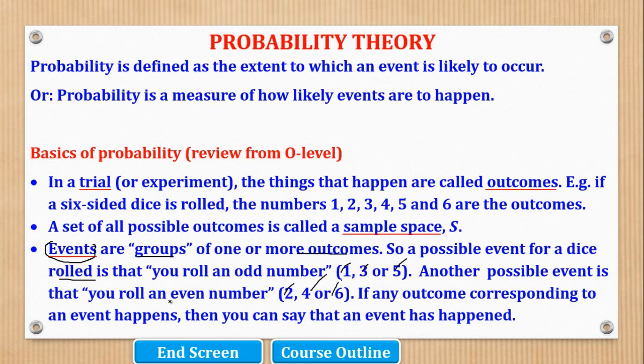So this is what we call the event, the event of rolling an odd number or the event of rolling an even number. If any outcome corresponding to an event happens, then we can say that the event has happened. So basically that's what an event is.